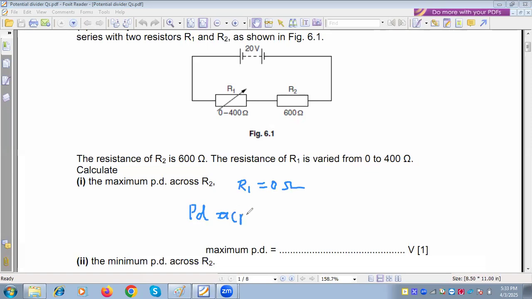The charge will use the entire 20 volts across R2. So across R2 will be 20 volt. When R1 is at any other value rather than 0, then part of the EMF of the battery will be shared by R1 and R2.